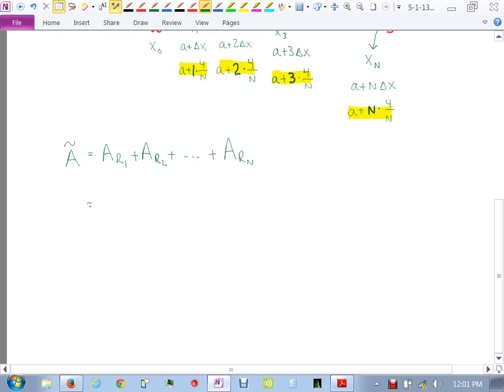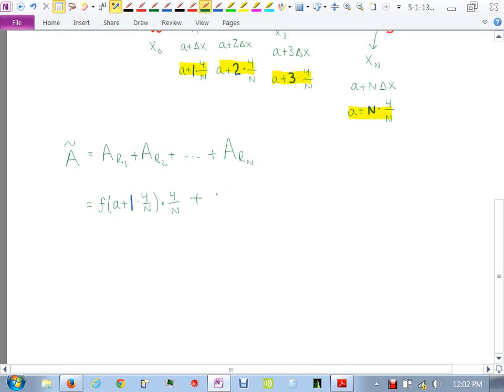Area of rectangle 1 is f of a plus 1 times 4 over n times delta x. What was delta x for us in this problem? 4 over n, so times 4 over n. Okay, that's my first rectangle, right? Everyone see that as being my first rectangle?